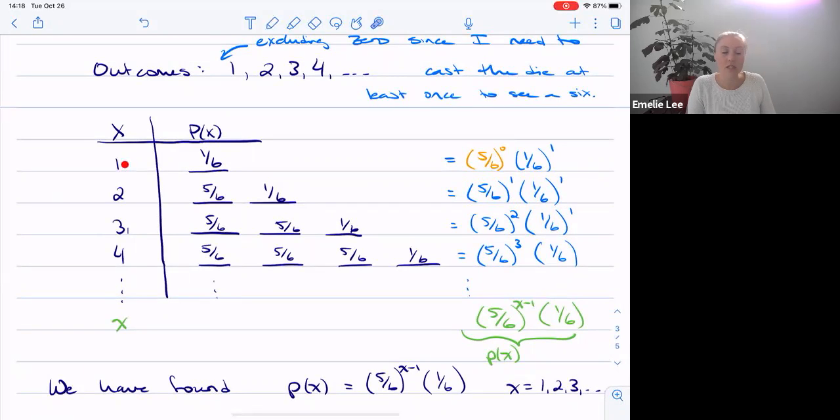If x is 1, 2x minus 1 is what? Well, 2 times 1 minus 1 is 1, but the power that we want is actually 0. So now we're back to that 2x minus 1 minus 1 situation, right? And so it maps back to here. So 2x minus 1 minus 1 is what our power on 5 over 6 is going to be.